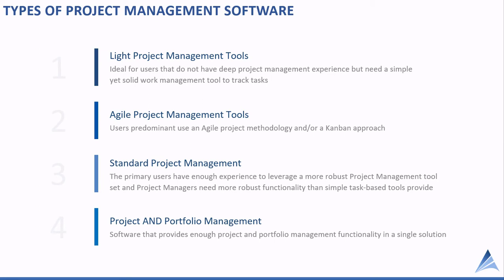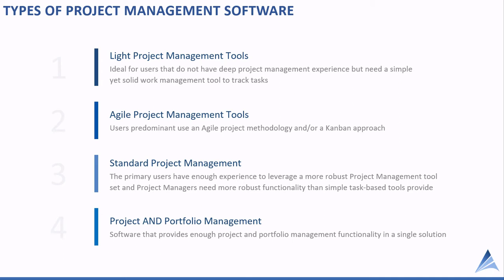Nowadays, we have 4 types of project management solutions. Starting with the light project management tools, and these have come on the scene in the last few years. They are simplistic, they often help with task management, or it's often referred to as work management. We simply need to get work done.